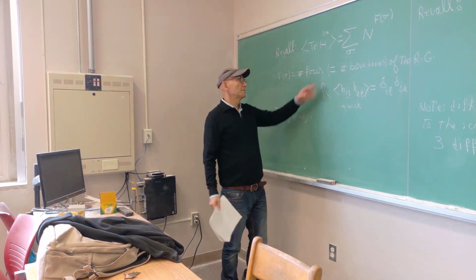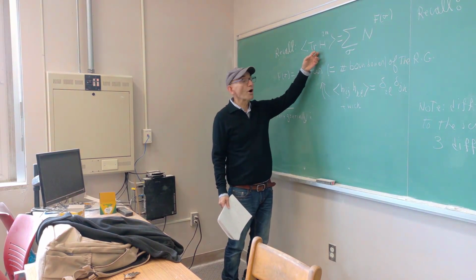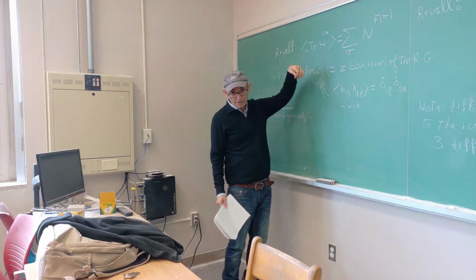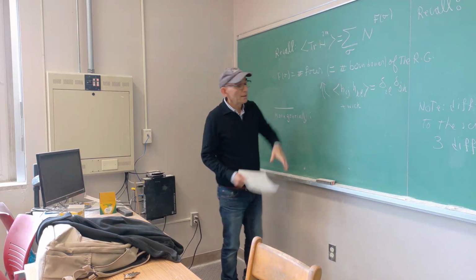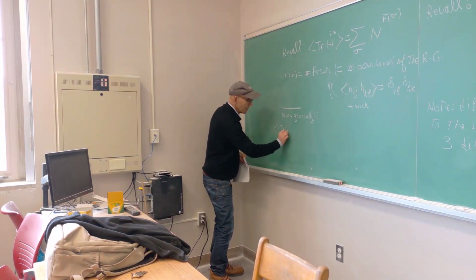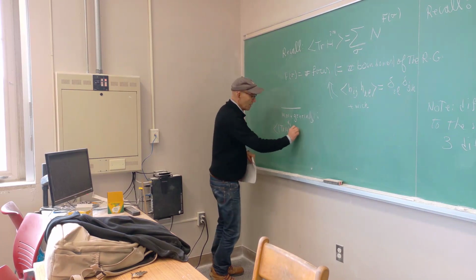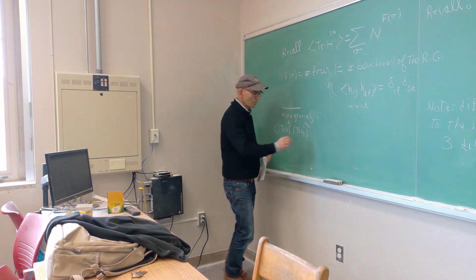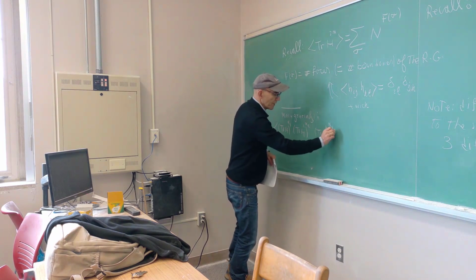this is not the only expectation value you want to compute, because you can have products of traces. So the best strategy is to group them together depending on the power of H. So you're interested in such expectation values: trace of H to the power of alpha 1, times trace of H^2 to the power of alpha 2, up to trace of H^k to the power of alpha k.